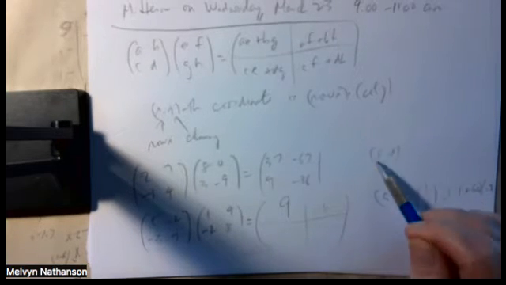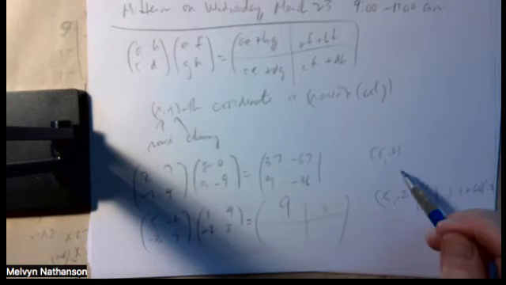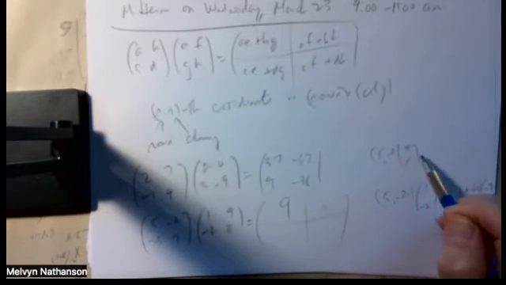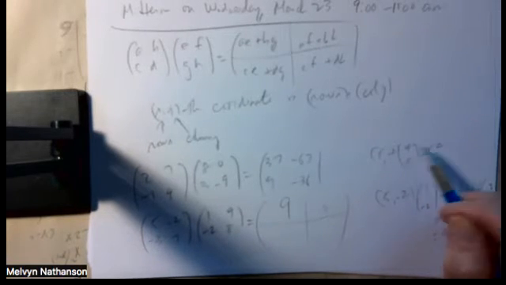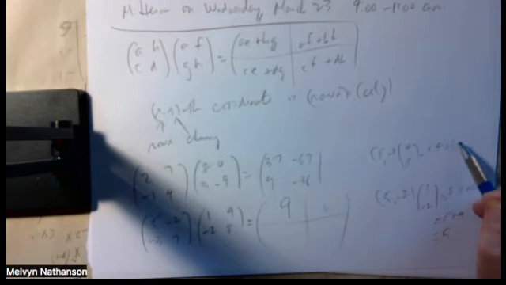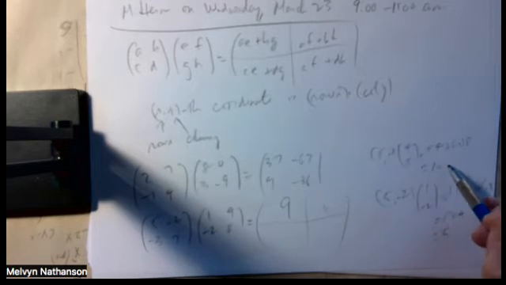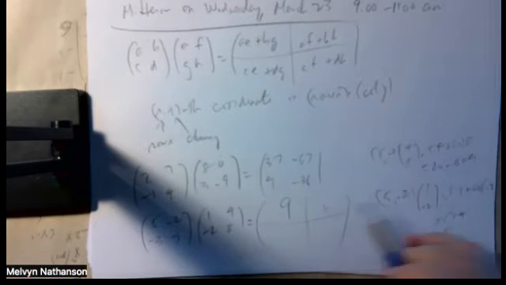This is first row, second column. Second column is 4, 8. So that's 5 times 4 plus minus 2 times 8. That's 20 minus 16. That's a 4. Oh, wow. I can't have 20 minus 16.